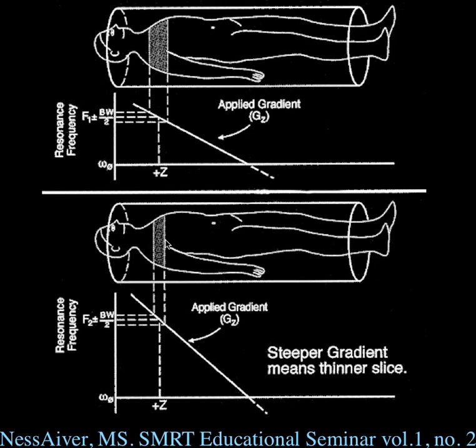So you can determine the slice width, the thickness of the slice, by either changing the bandwidth of the transmit pulse or steepening the gradients. And depending upon the way the scanner and the electronics are set up, there's an optimal way to do it. The manufacturer usually doesn't give you the choice.